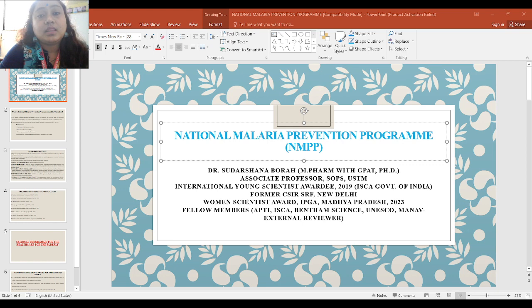When asexual reproduction takes place, it starts at the hepatocytic stage, where the sporozoites first invade the hepatocytes, that is, the liver cells. These multiply and burst open, and the merozoites are released from the hepatocytes into the red blood corpuscles.